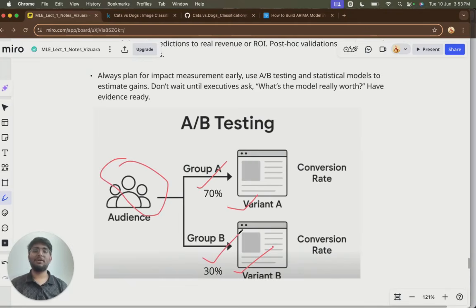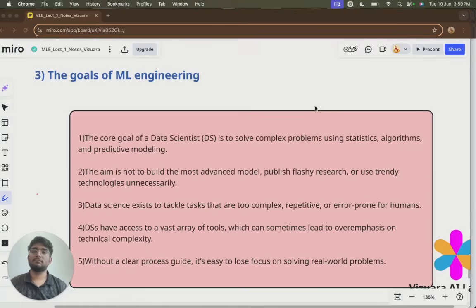For one product, I have two variants, and I ask them to judge these variants on the basis of KPIs, that is key performance indicators. Then I analyze which variant was better, to make sure that my product is having impact and is not biased as well. So this is one of the very popular methods used to check the impact.